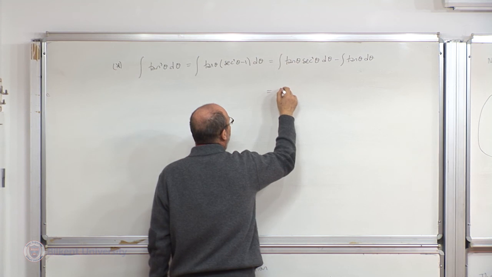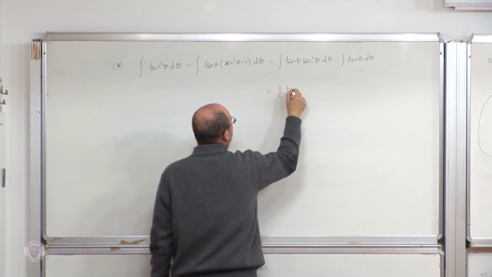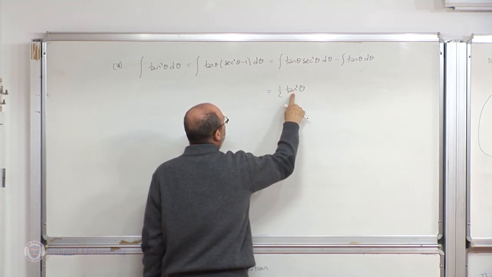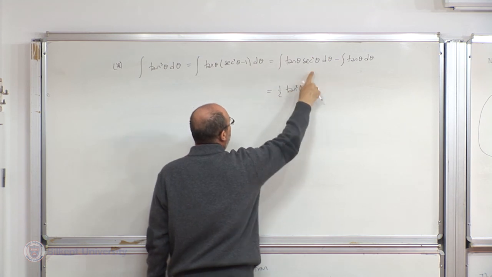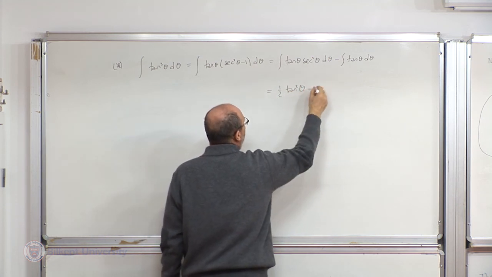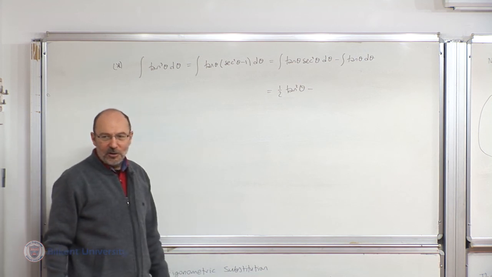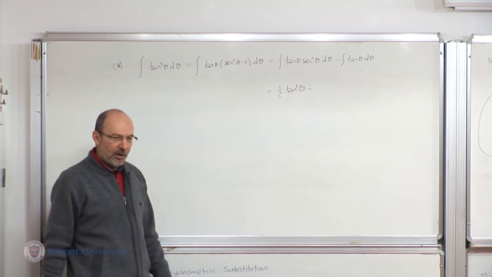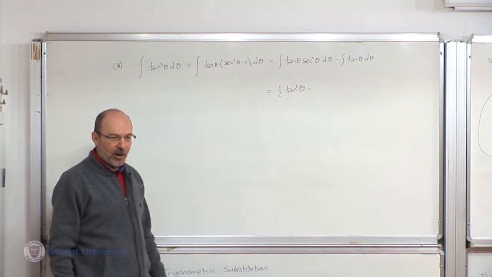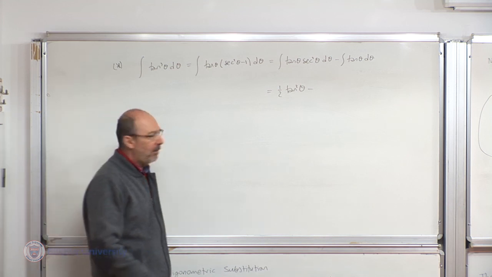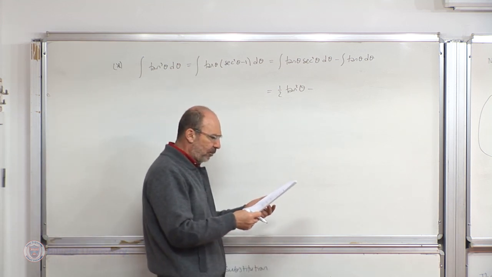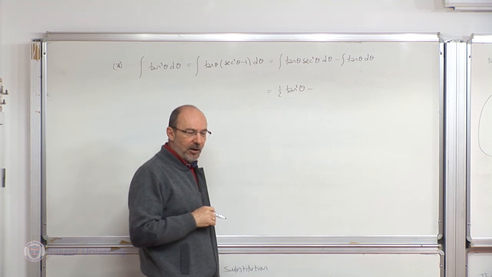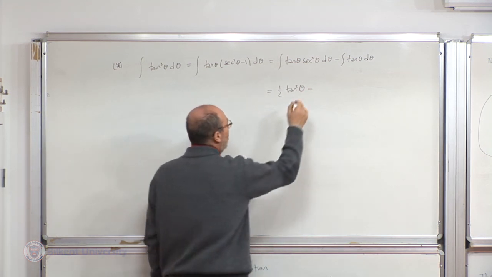So what do I have? 1 over 2 tangent square theta. If I take the derivative of this, it goes to tangent secant square, I have this. Minus, what is the integral of tangent theta? Now we use your idea. This is ln of cosine, right? But it must come with the plus sign because when you take the derivative of cosine, you get a minus.